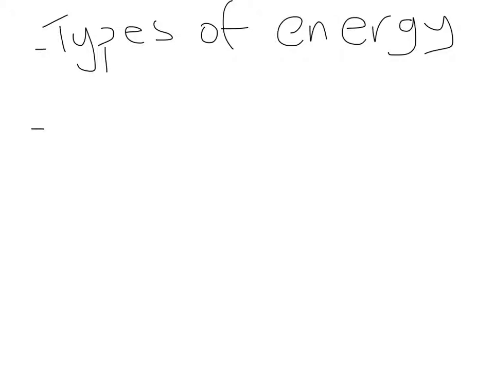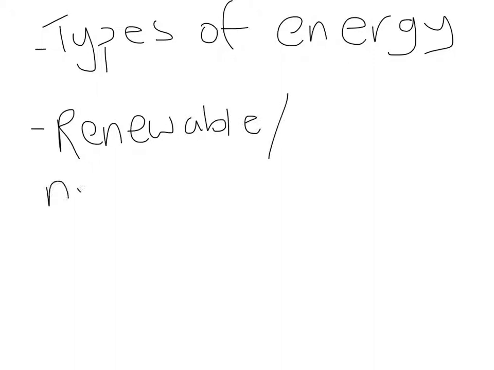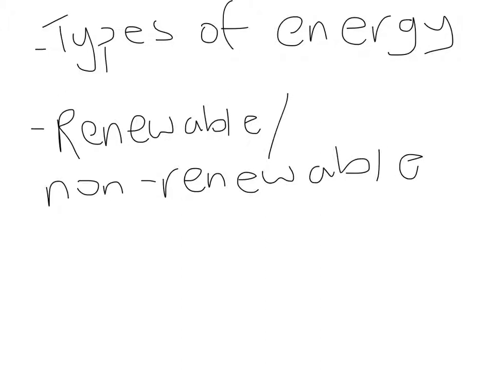You also need to know the difference between renewable and non-renewable energy. Remember, renewable energy sources can be replaced really quickly, like solar energy. Non-renewable energy is energy that you can't replace quickly. So energy from coal, oil, natural gas, all those sources of fossil fuels are non-renewable.